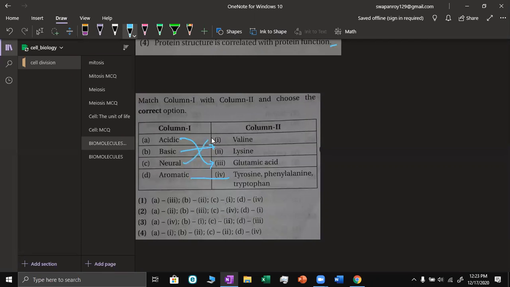And neutral is valine. So what will be 1 with 3? 1 with 3 is this one only. B is 2, C is 1 and D is 4. So this one, A2, A4, A1. No, this one is the correct.